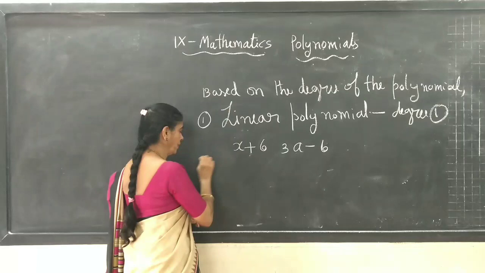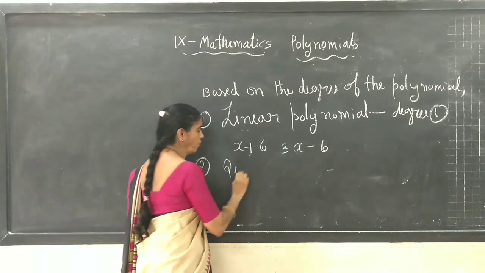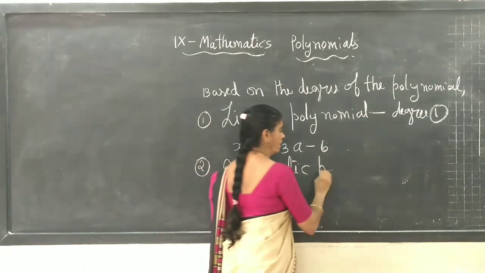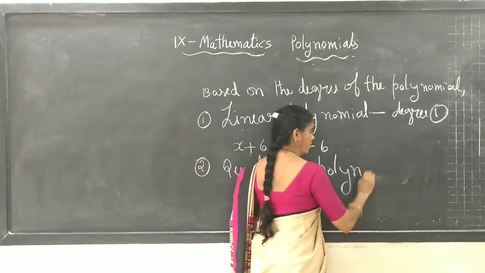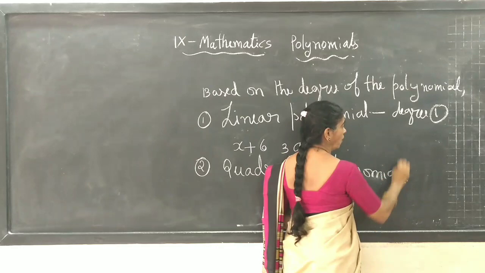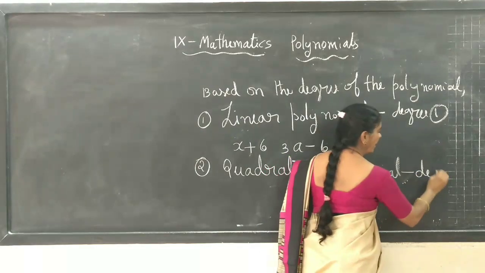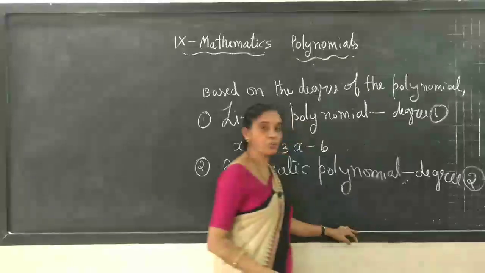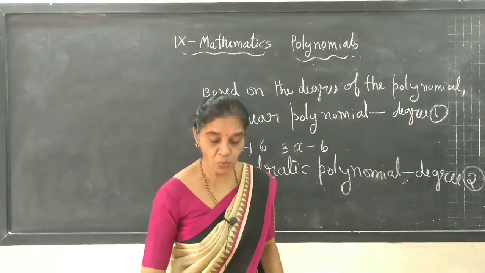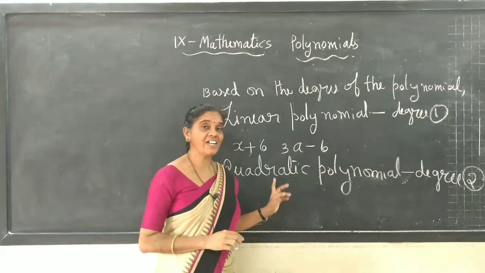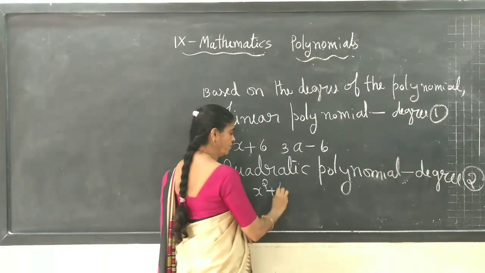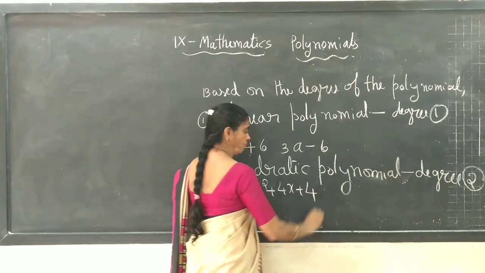Now the second type is the quadratic polynomial. In a quadratic polynomial, the degree should be exactly 2. Example, x square plus 4x plus 4.